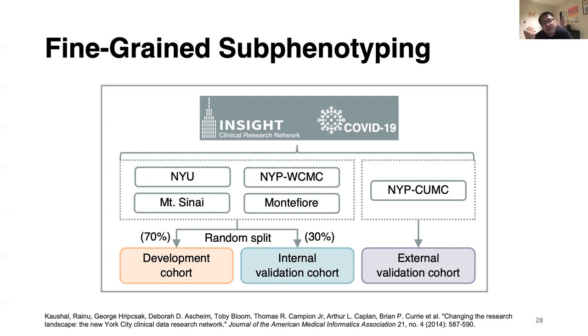And then we build a lab test profile, which is a vector with every dimension corresponding to a specific lab test. And then we do clustering on top of that to identify the clusters.